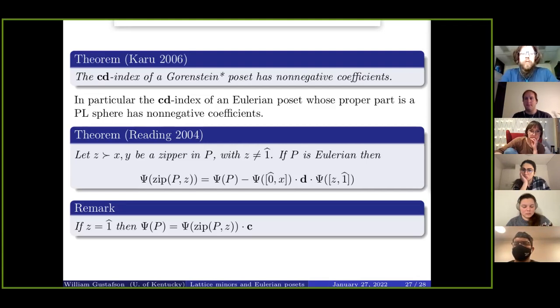So in particular, if you started with a poset whose proper part is a PL sphere, then the same holds for its intervals, and this term we're subtracting has non-negative coefficients, and so the zipped poset has smaller coefficients. On the other hand, if we zip the top element, it's not hard to compute that it corresponds to losing a right factor of C from the CD index.